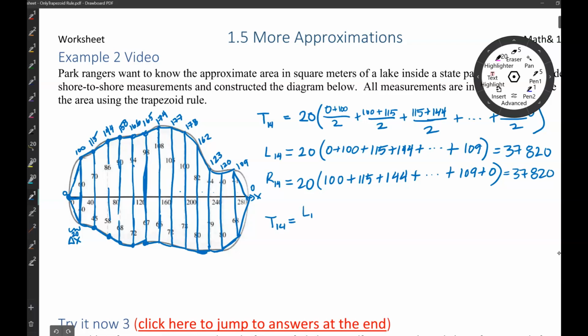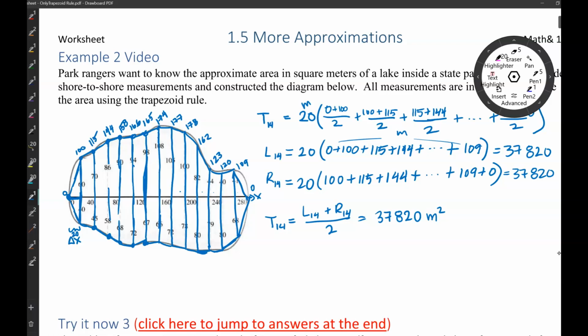We would take our L sub 14 and our R sub 14 and average them, but that's still just going to be 37,820. And notice, units-wise, we were taking width in meters and multiplying it by all these heights that were also in meters. So we are getting square meters, and that should give us a really good estimate.